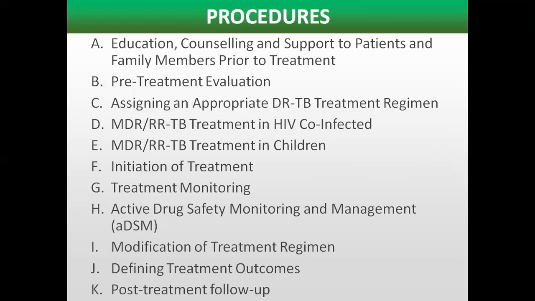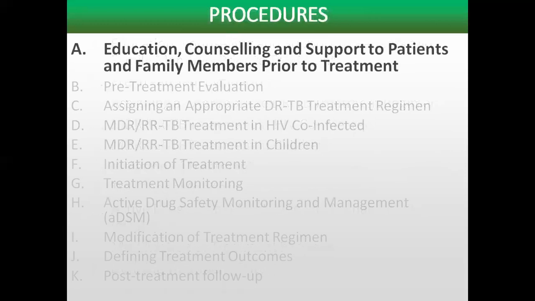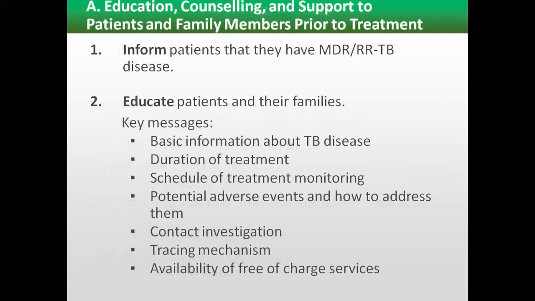So this will be our guide for the discussion. Now we start with education, counseling, and support to patients and family members prior to treatment. It is very important that we first inform the patient when they are found to have the MDR or the RRTB disease.